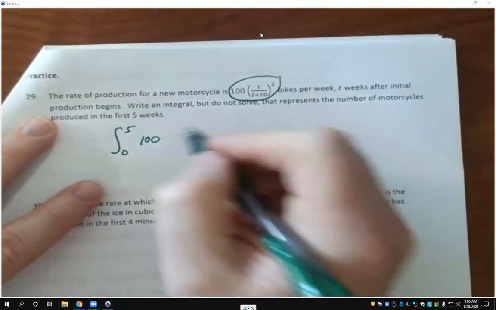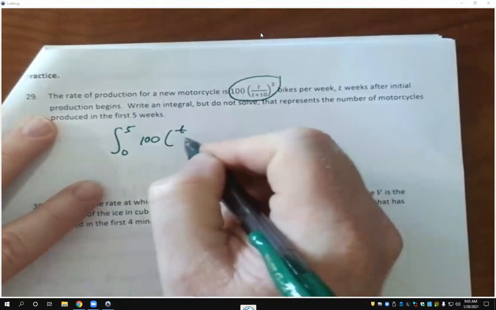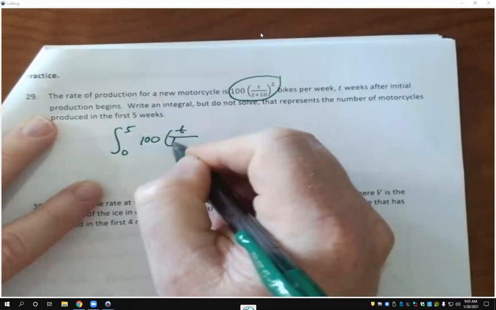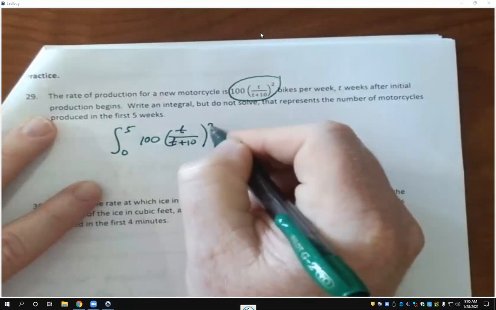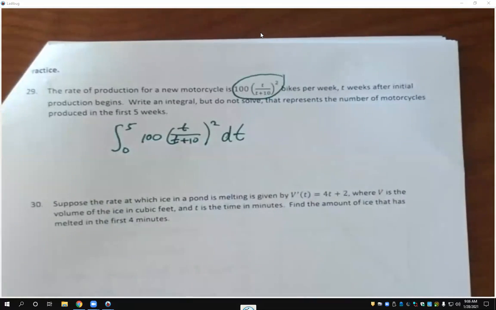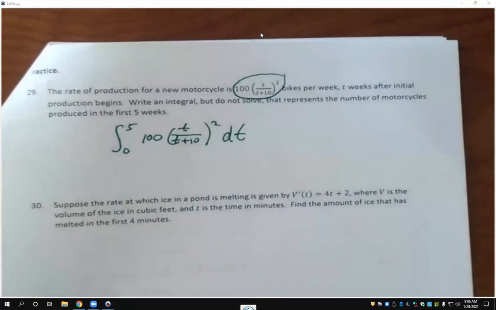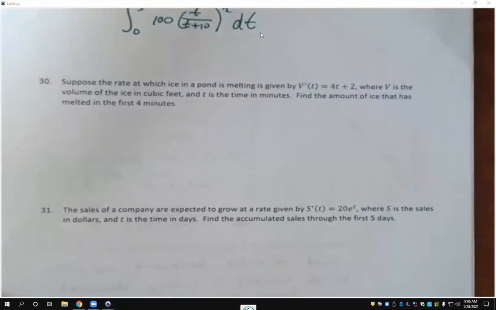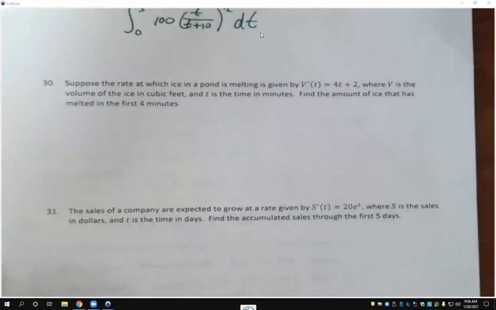So 100 times t over t plus 10 squared, and make sure you're picking the right variable here, would be dt. Okay, it told us not to solve that one, so we'll just stop there. Any questions on how we're writing these? Okay, from here on out, we're just going to solve them, but again, it's been doing what we're doing, so we're just really going to interpret them.